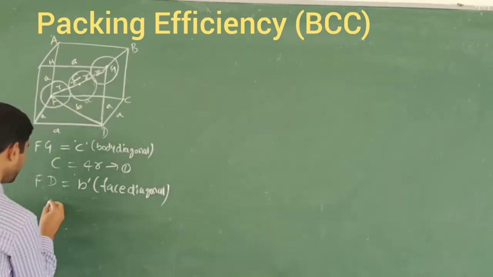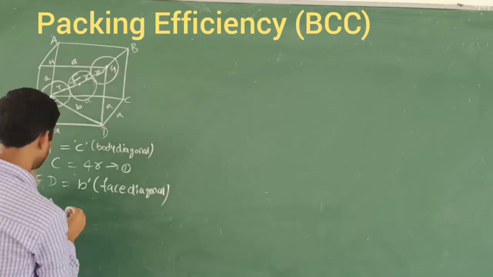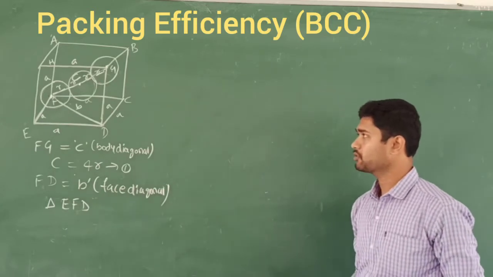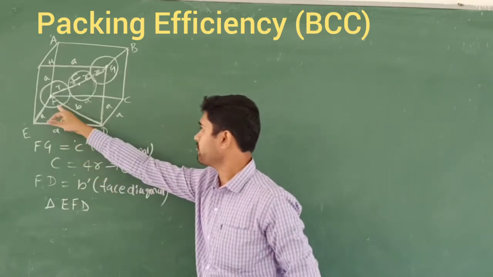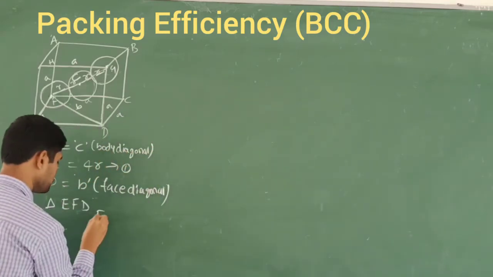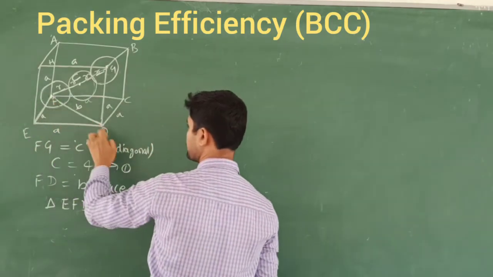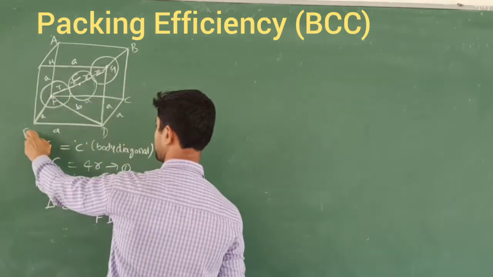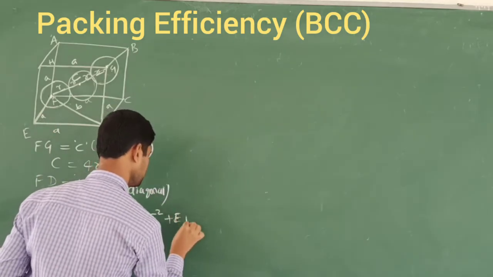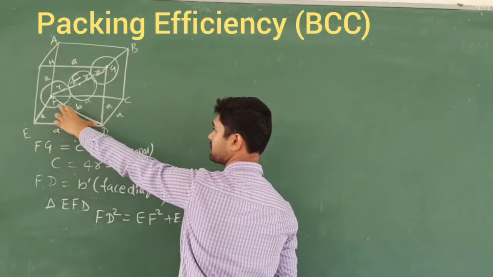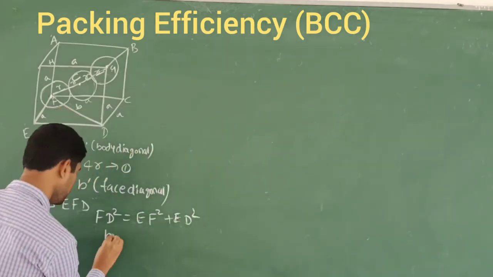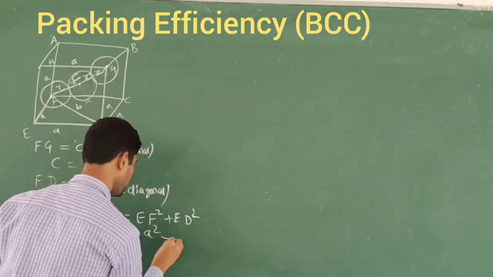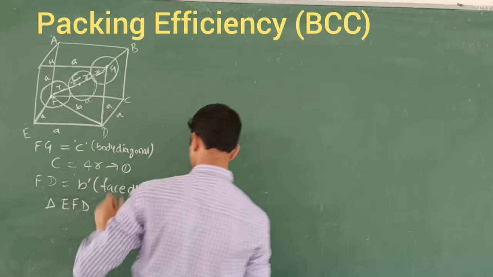So in triangle EFD, applying the Pythagoras theorem, FD square is equal to EF square plus ED square. FD is the face diagonal, so that is B square. EF value is A square, plus ED square, which is also A square.